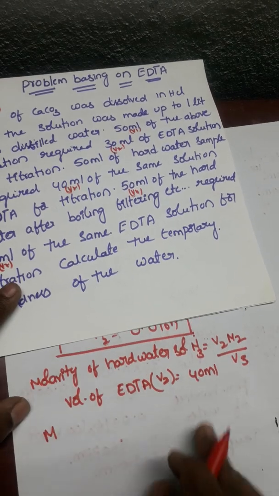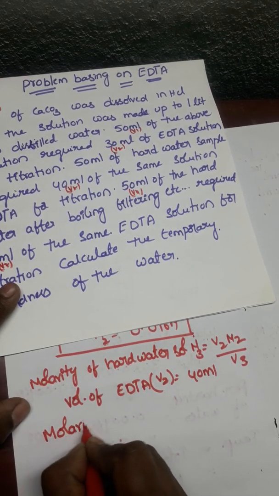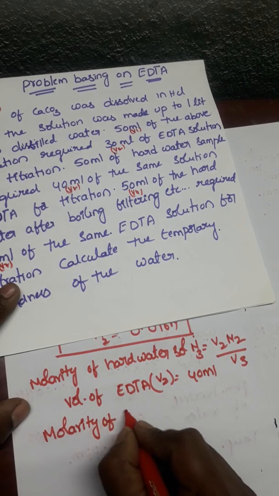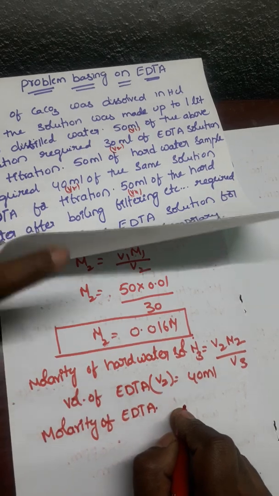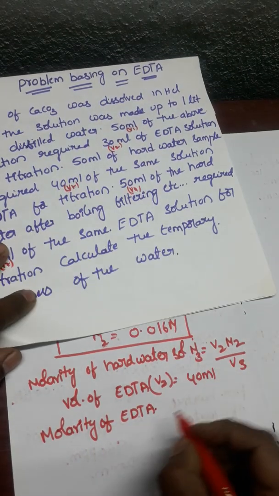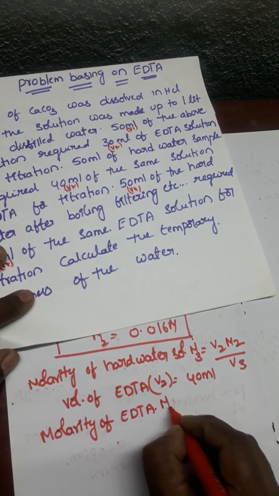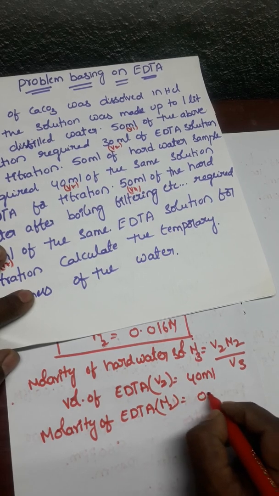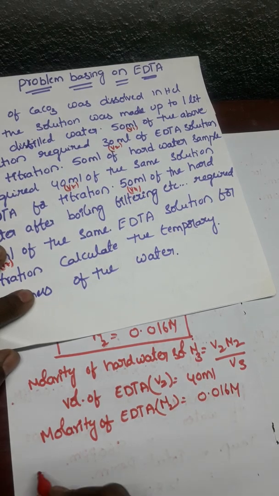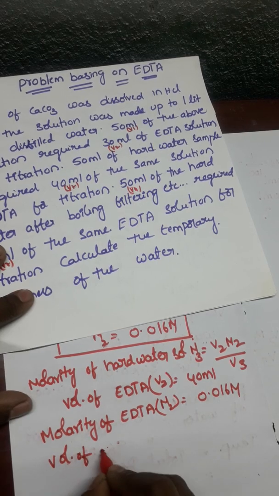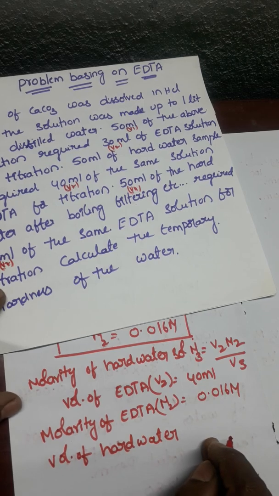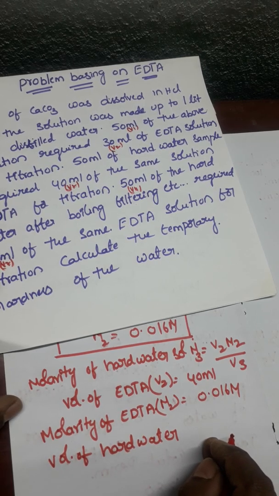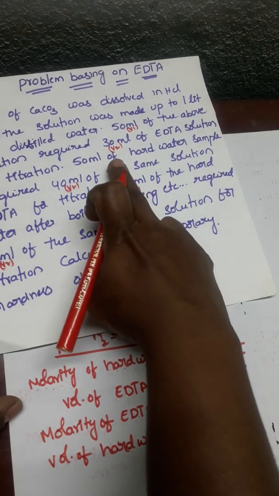Molarity of EDTA, already we got the M2 value, that is M2 is equal to 0.016 molar, and volume of hard water, that is V3, is 50 ml.